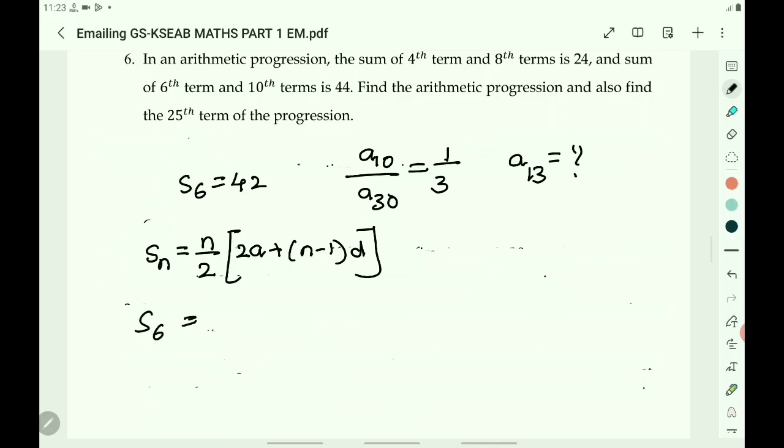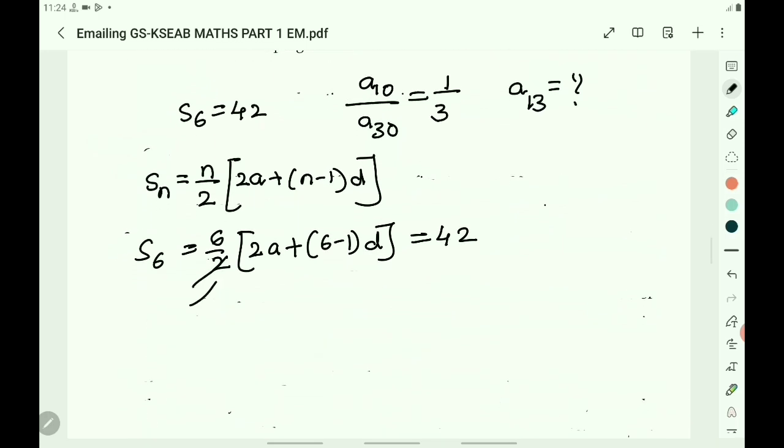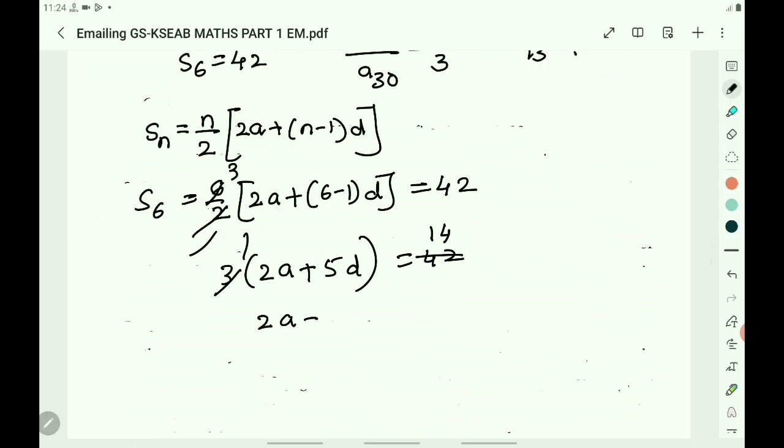That is S6 equals 6/2 into 2a plus 6 minus 1 into d, equals 42. 3 into 2a plus 5d equals 42, so 2a plus 5d equals 14.